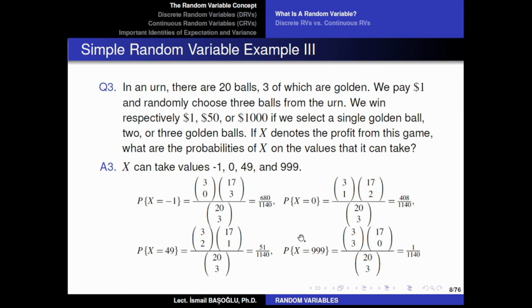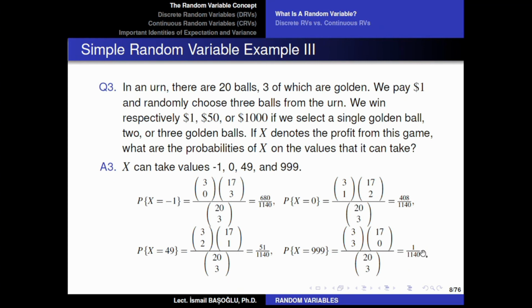And therefore, you can see the probabilities of all these realizations of this random variable are calculated. In other words, our profit can take 4 possible values with these probabilities. And again, you can check, my friends, these probabilities will sum up to 1. So if you sum 680 with 408 and 51 and 1, you are exactly getting 1,140.